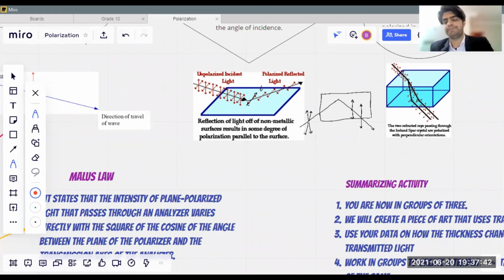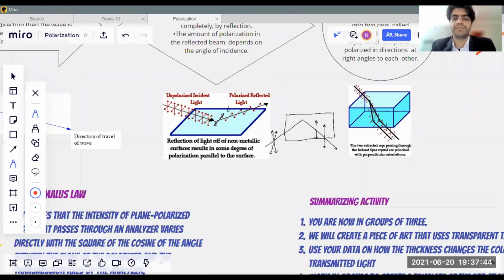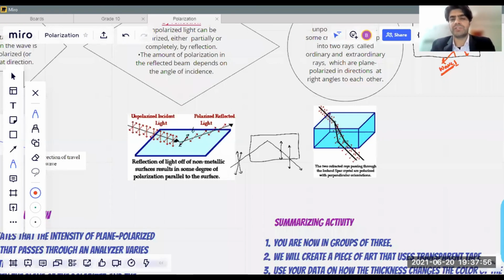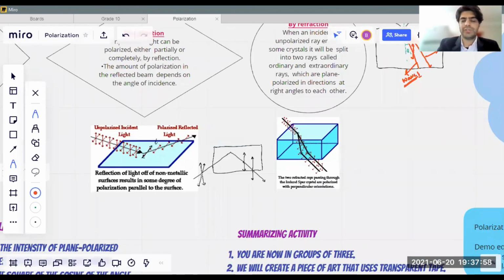This is your Malus law. On the basis of Malus law, we discussed one question and proved that when light passes through two polarizers, its intensity is going to be 1/4. So this is today's answer. Hope you understand it properly. Thank you for listening to me.